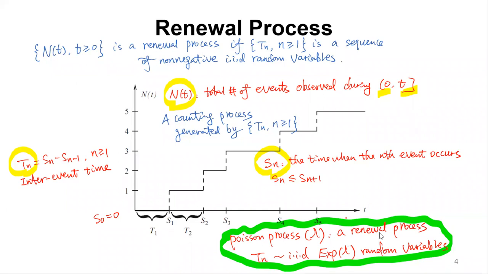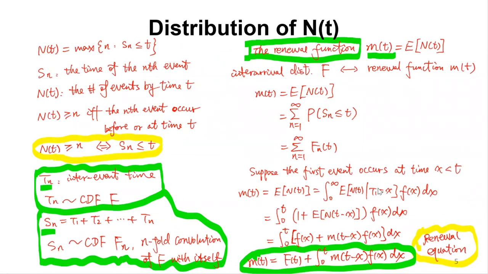Now, the distribution. Obviously, we have Nt as a renewal process, and we are interested in the distribution of Nt. Nt is the total number of events by time t. Sn is the time of the nth event.